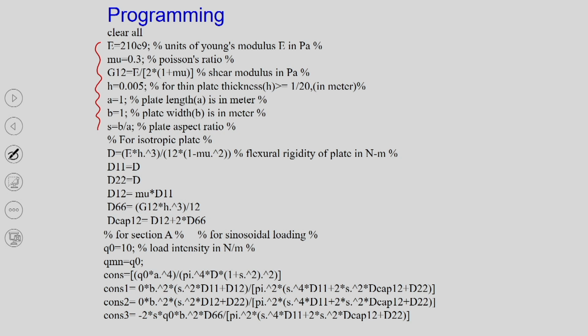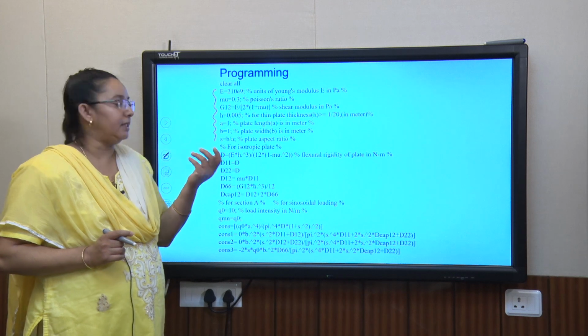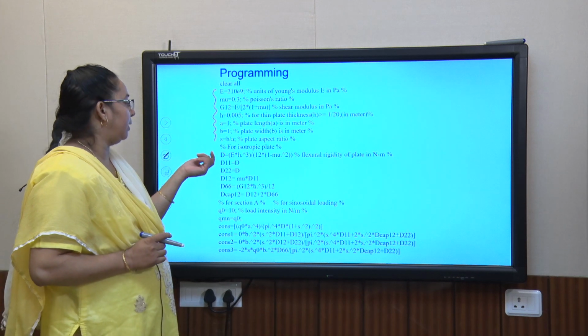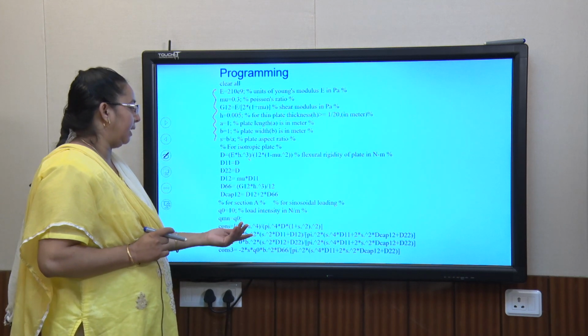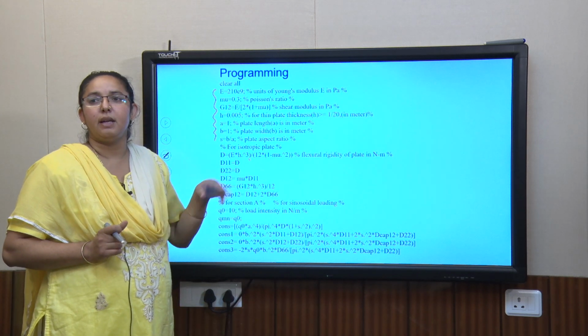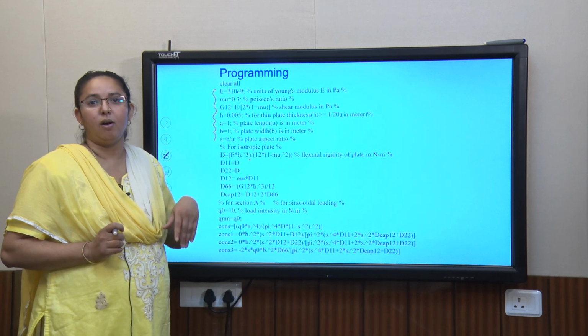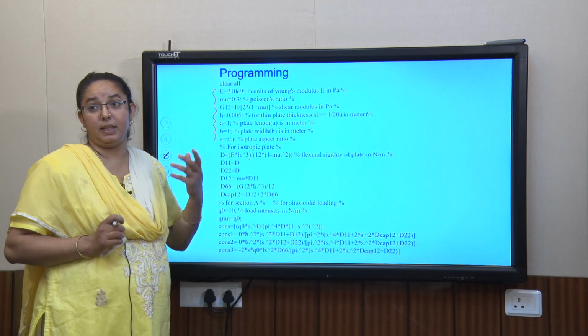Whenever you write a program or code, first of all you must write it in a general form, so that through the inputs, let us say you write it only for isotropic, you give D and get the result. Later somebody says my E is changed or I have changed the mu, how will the deflection look, or what is the plot, your guide may say that.